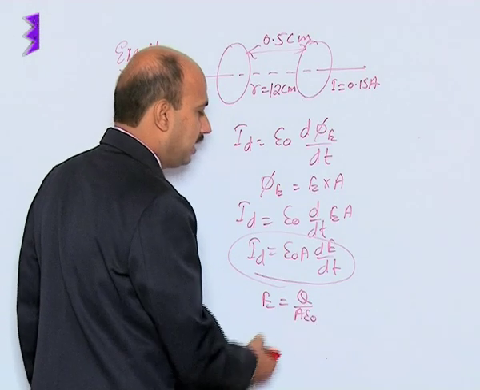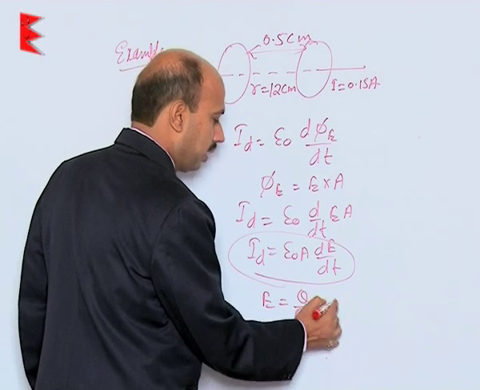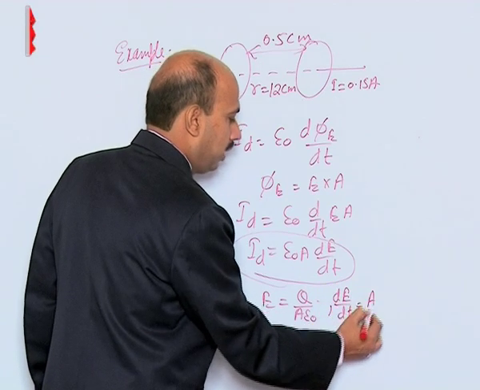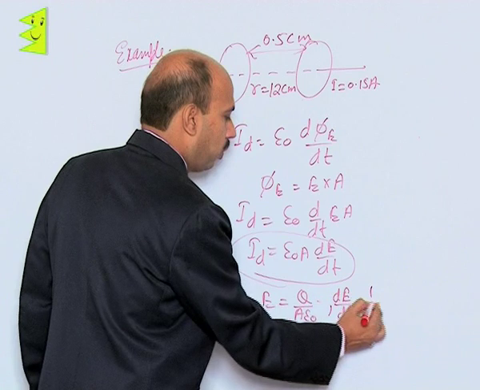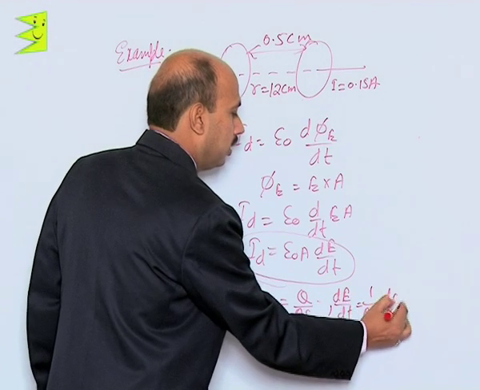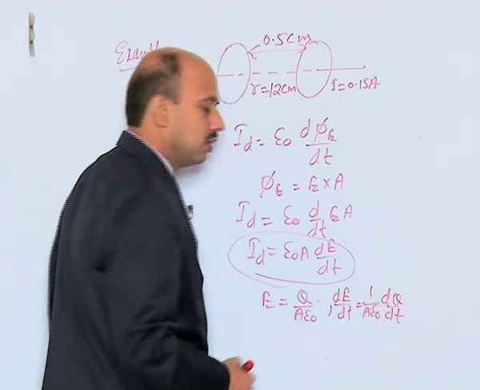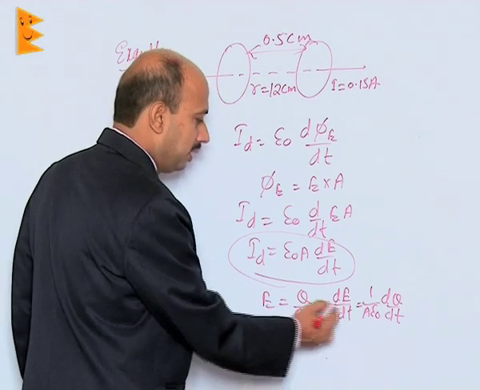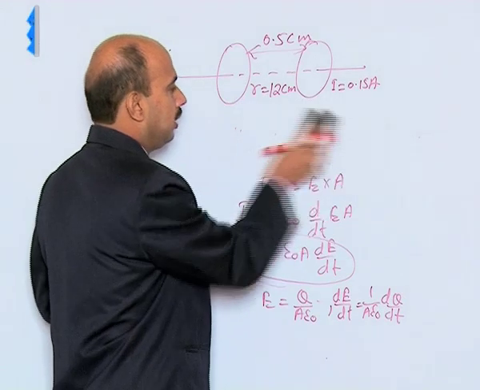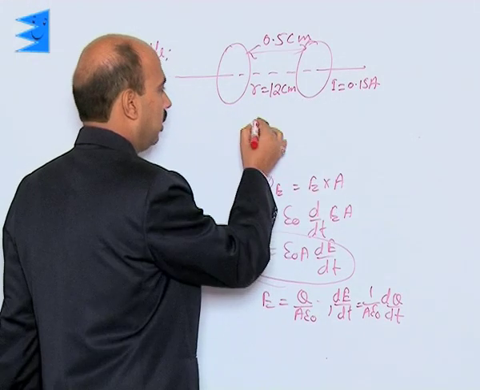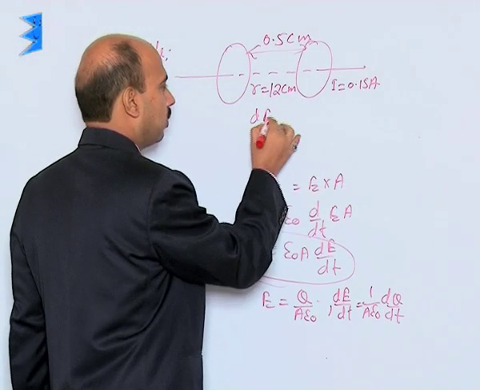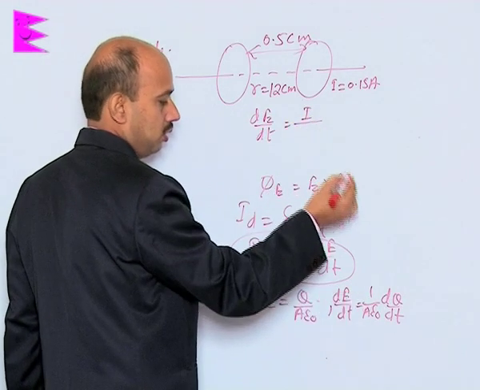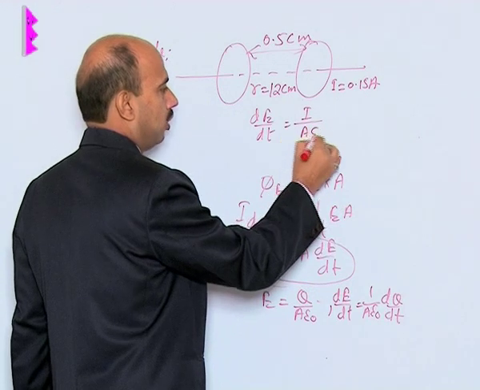If you differentiate it, you will get dE upon dt is equal to 1 upon A epsilon naught into dQ upon dt, and dQ upon dt is actually I. So, dE upon dt is equal to I upon A epsilon naught.